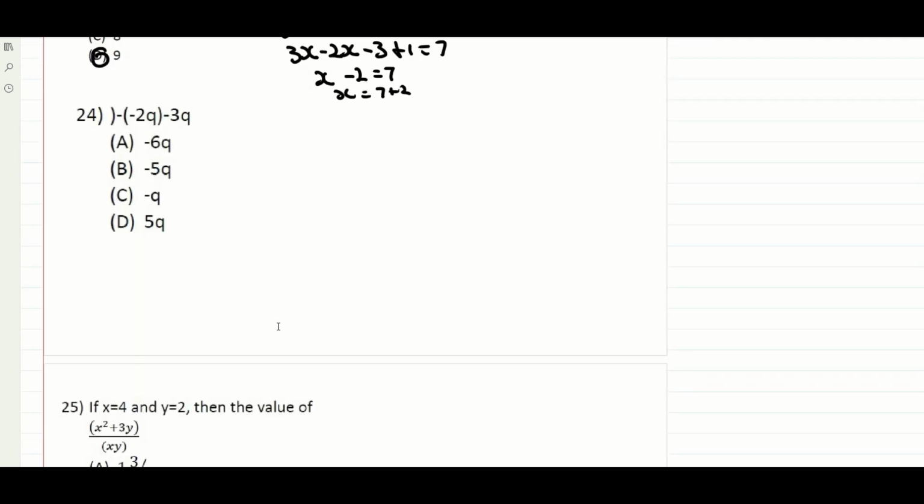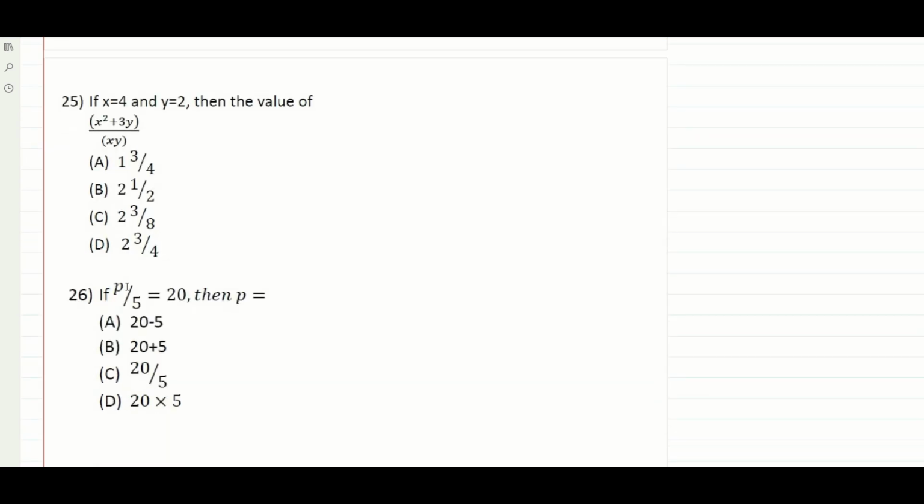This one we did already, but let's just go ahead. A minus and a minus is a plus, so you'll have plus 2q minus 3q is equal to minus q. So the answer is minus q. This question we did already, did we? Yes. The answer was 2 3/4, but let's just do it.